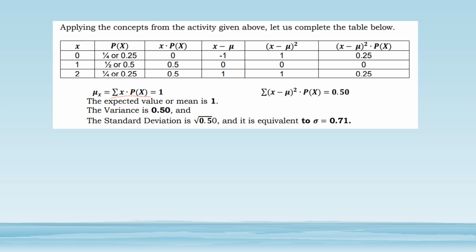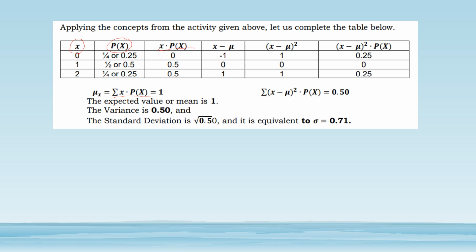After having the value of x and the probability of x, we will multiply them. 0 times 0.25 is 0. 1 times 0.5 is 0.5. 2 times 0.25 is 0.5.